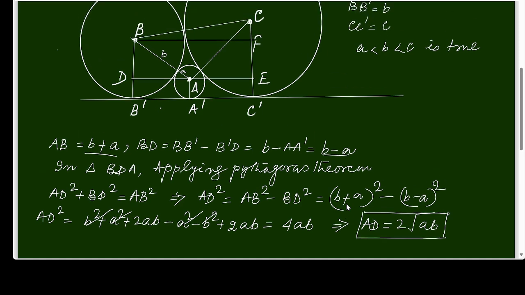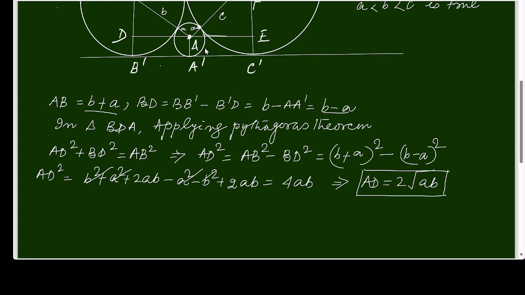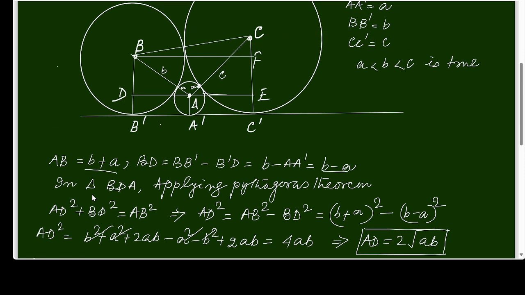In the same way, I'll get A'E square from the triangle A'C'E. A'C' equals c plus a, and C'E equals c minus a.